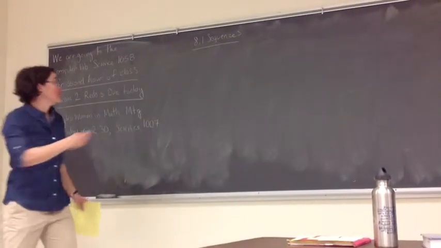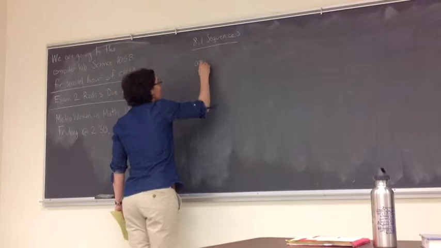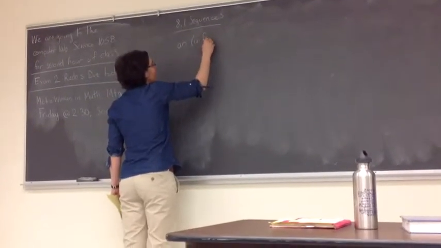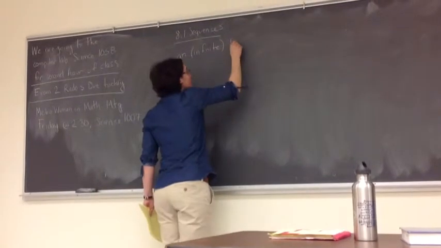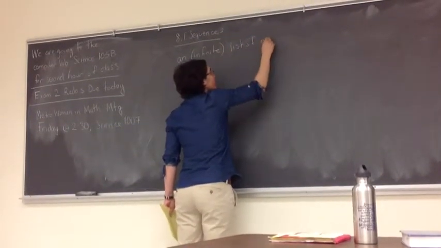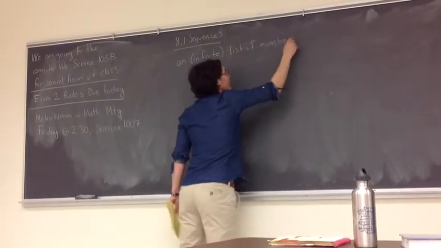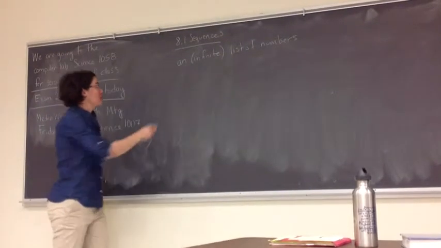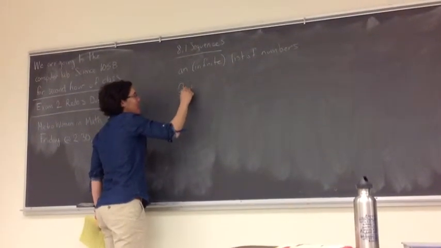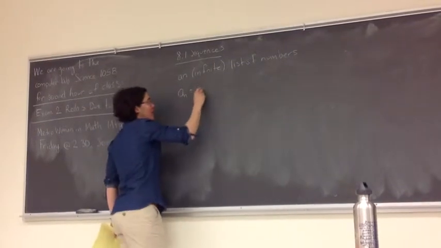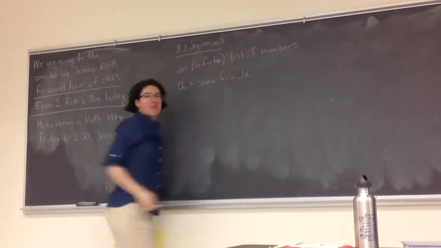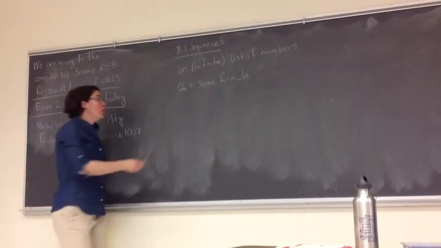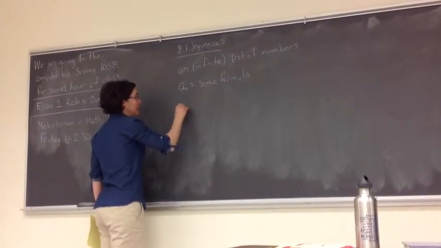A sequence is a list of numbers, or in our case, an infinite list of numbers. And when we write down a sequence, we either write down a_n is equal to some formula, usually involving n, or we write down a list.